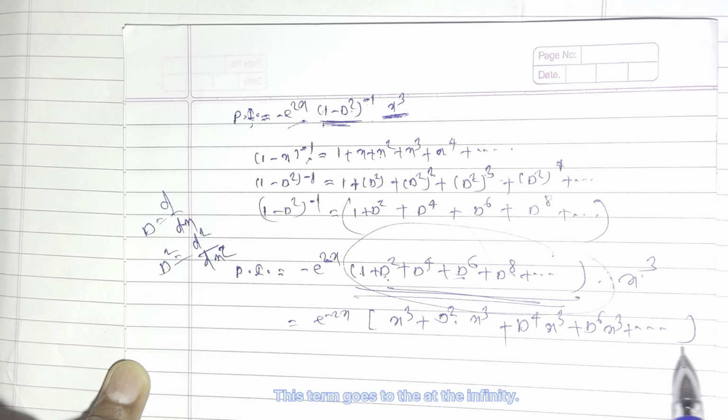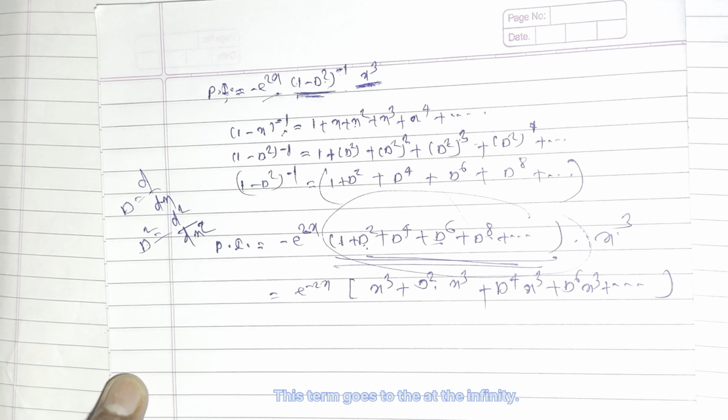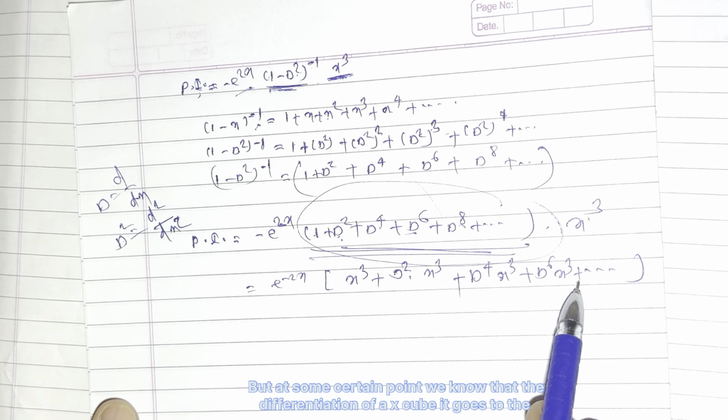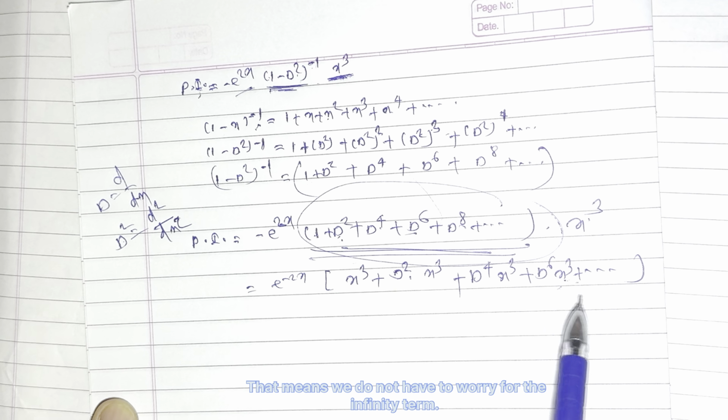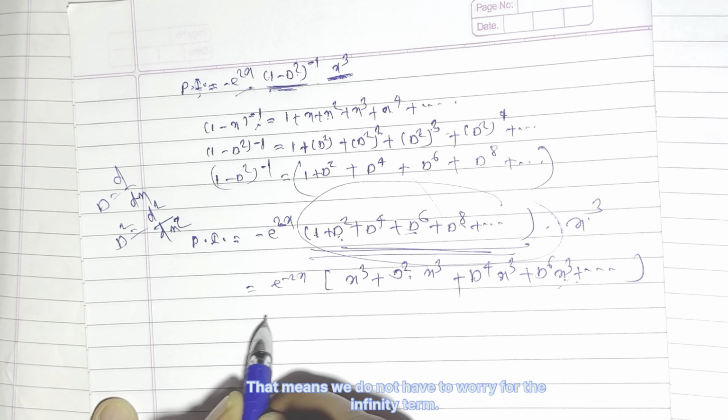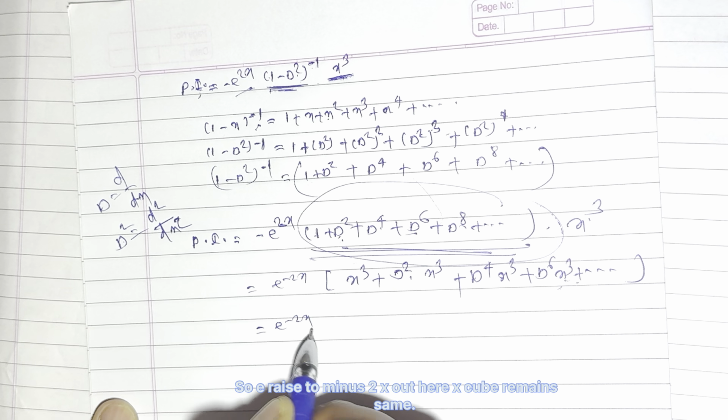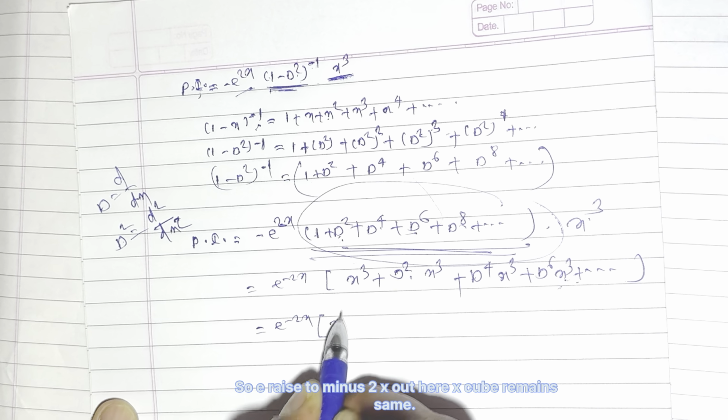This term goes to infinity, but at some point the differentiation of x cube goes to 0, so we don't have to worry about the infinity terms. So e raised to minus 2x stays outside, and x cube remains the same.